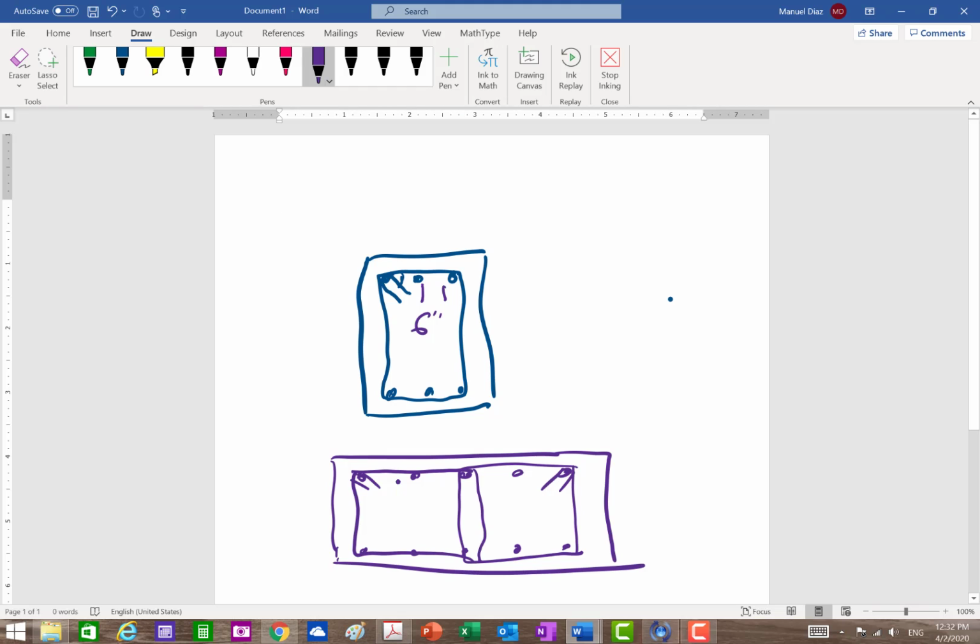If it's more than 6 inches, I have to provide stirrups also here, so I have to cover that too. So you will have to provide extra here if you have more than 6 inches. You cannot leave it by itself if this clear distance is more than 6.